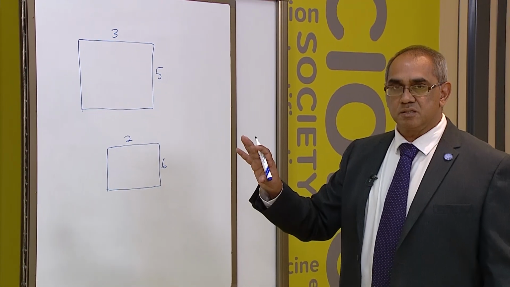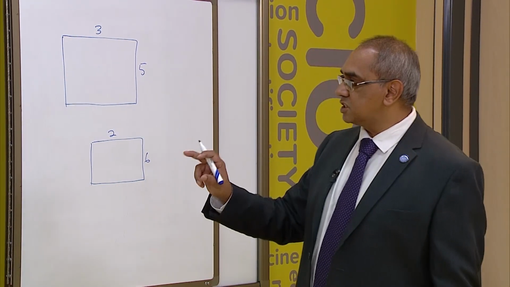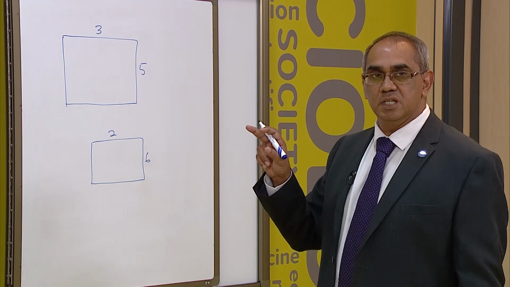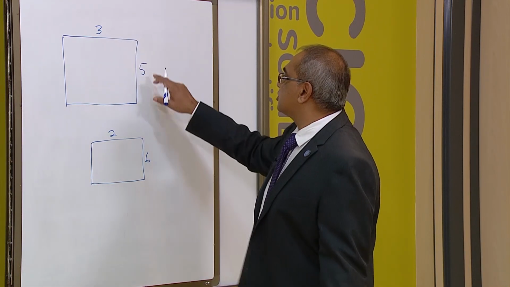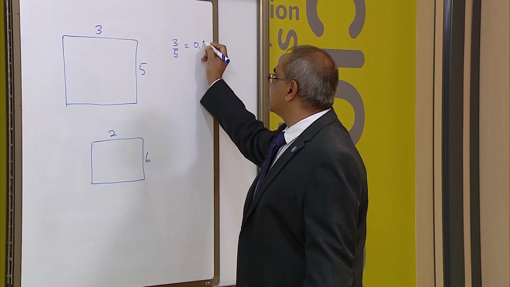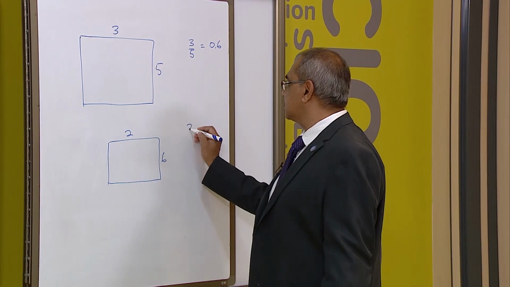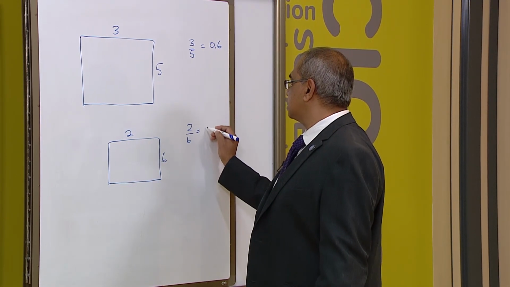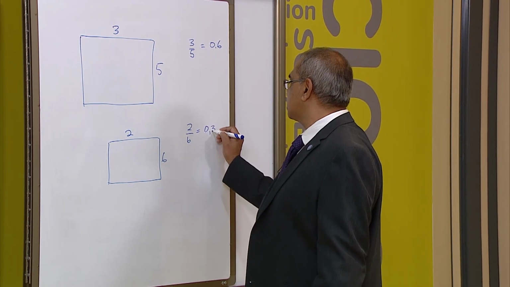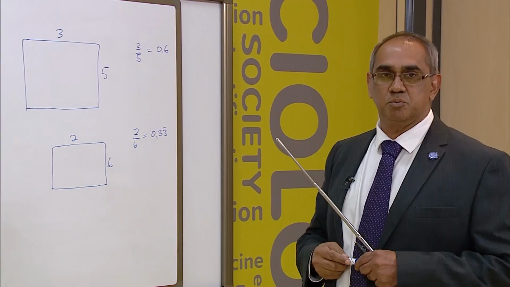But in maths, we have a very specific condition. That condition is the ratios must be equal. So if I take this ratio, 3/5, that is equal to 0.6, and if I take this, 2/6, that is equal to 1/3, so that's about 0.33, you can see that these two are not equal.